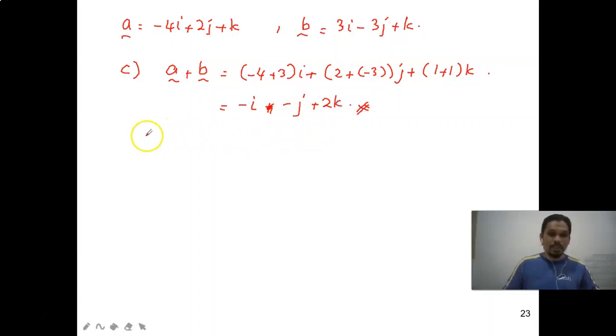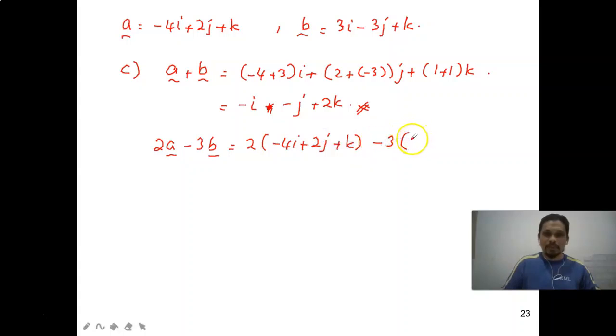The next question is 2A minus 3B. So 2 times vector A, negative 4i plus 2j plus k, minus 3 times vector B, 3i minus 3j plus k.